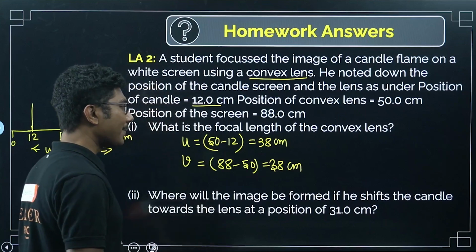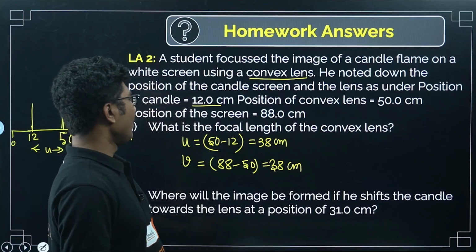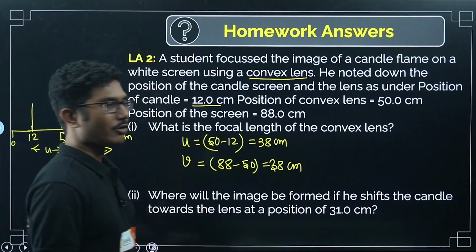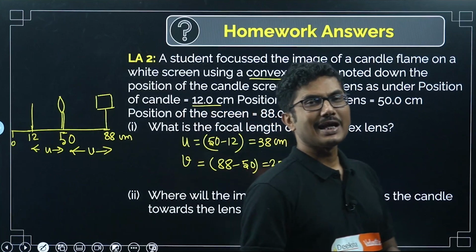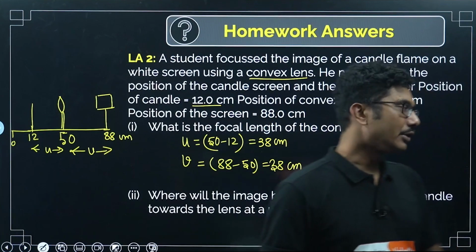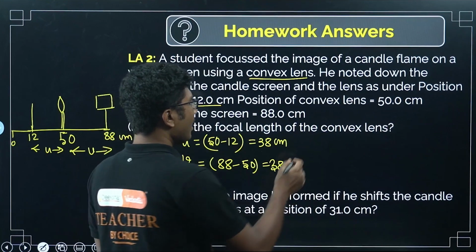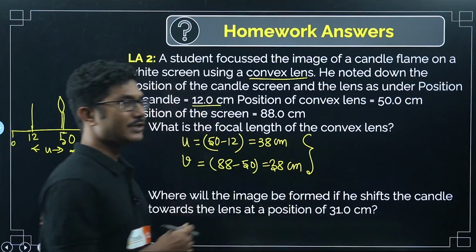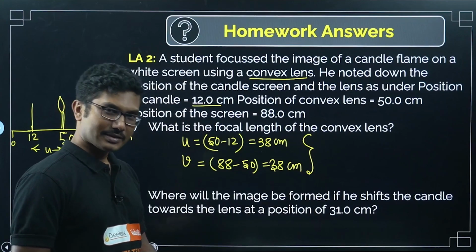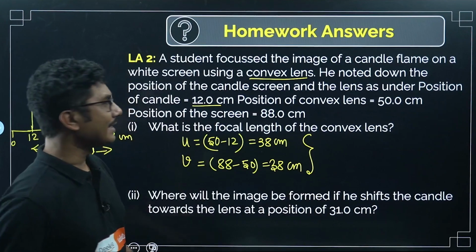Now when does it happen? It happens only when the object is placed at 2f. You can use the lens equation here, but no need, since we have found the object distance and image distance are the same.